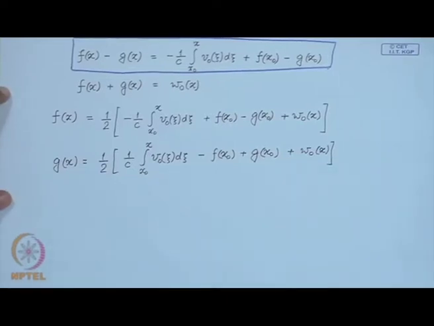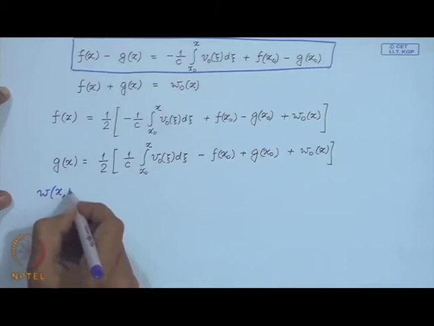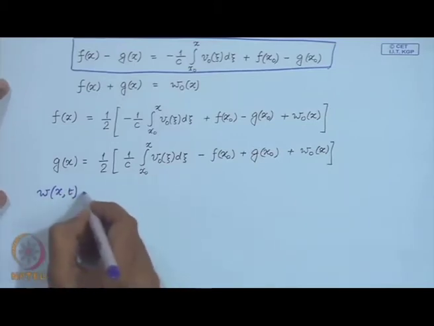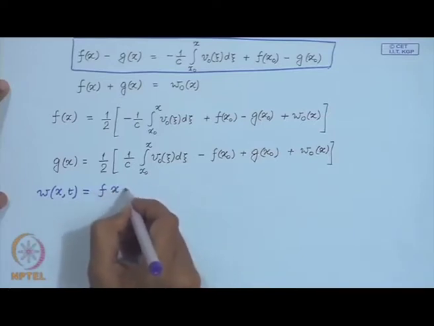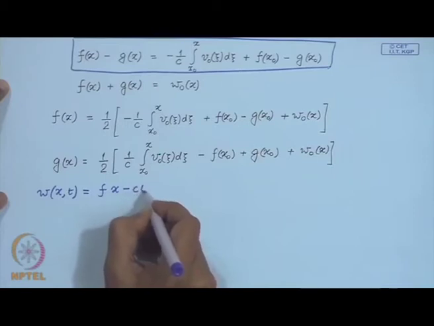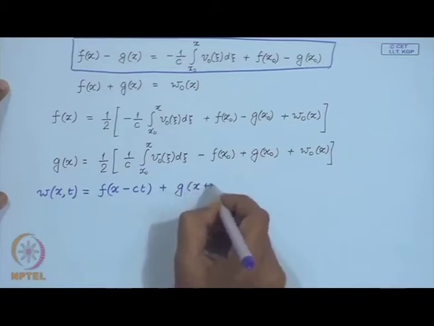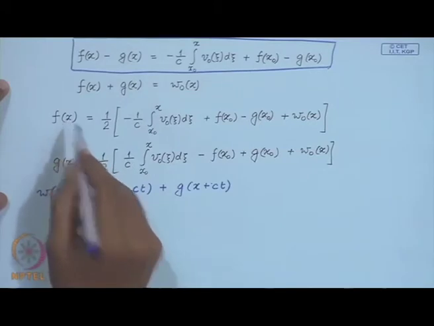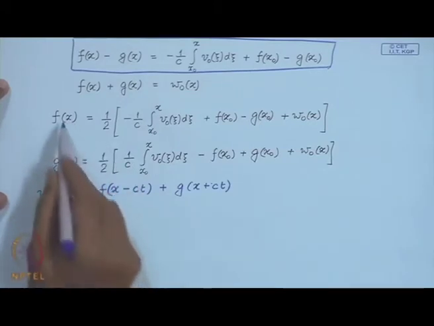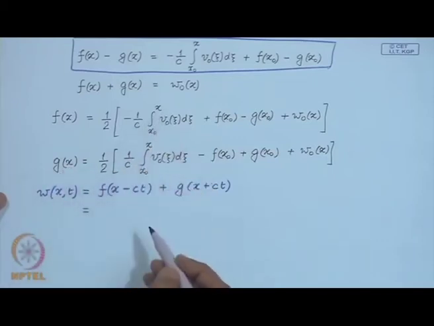Therefore, we can now write the general solution. We have to substitute in place of x here x minus c t, here we have to substitute x plus c t, and we have to add these two.